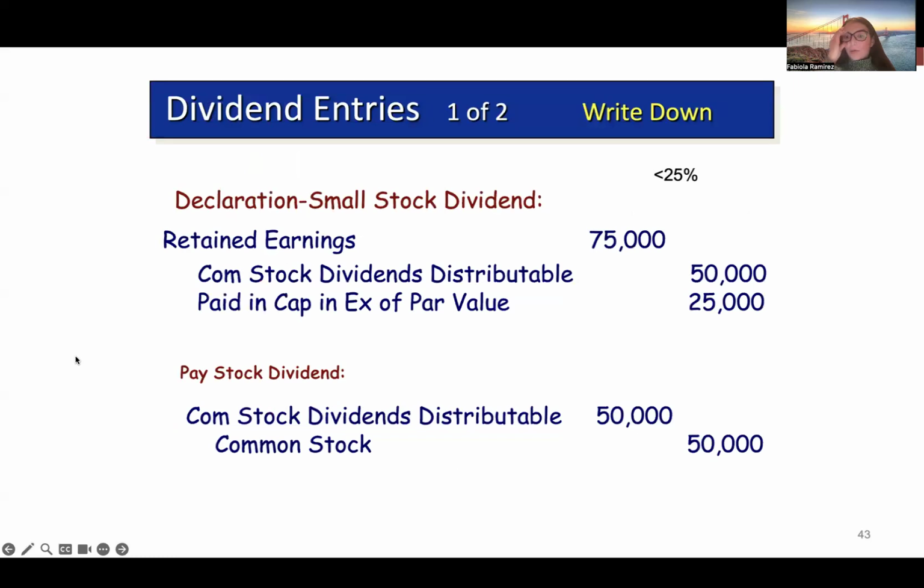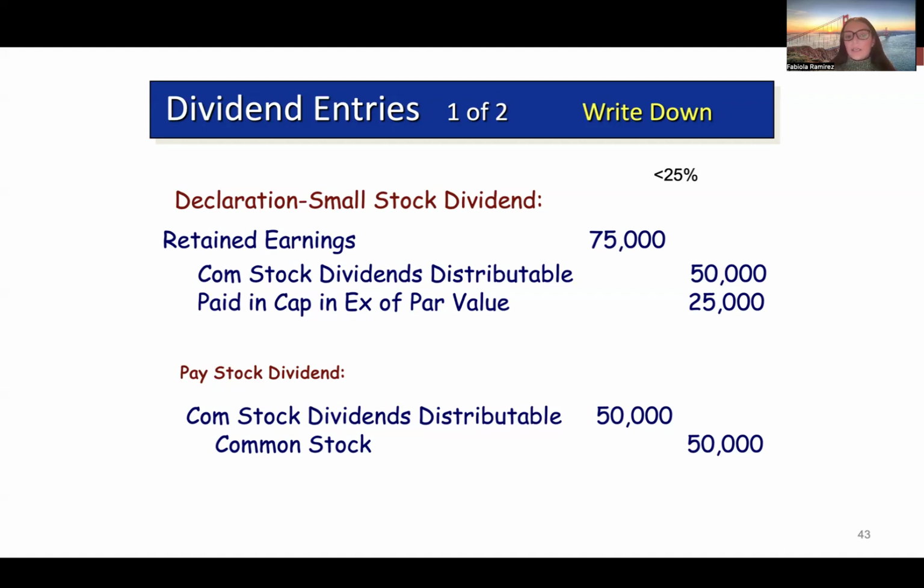Some journal entries for declaring a small stock dividend. We debit retained earnings. We credit something called the common stock dividends distributable account for par value, and we credit the remainder to the paid-in capital in excess of par account.